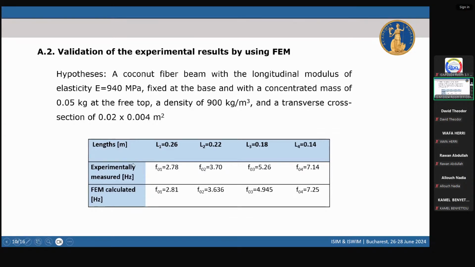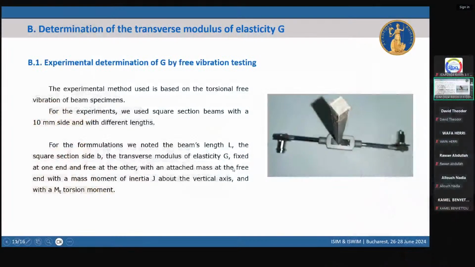Experimentally measured values of free vibration frequencies, and those calculated are pretty close, I would say, from an experimental point of view. So this method is very simple and reliable for determination of this constant.